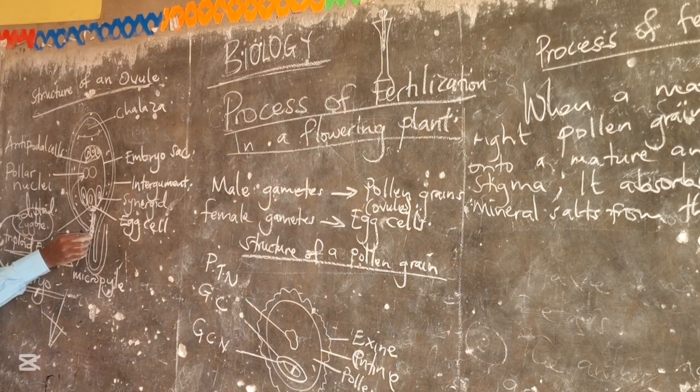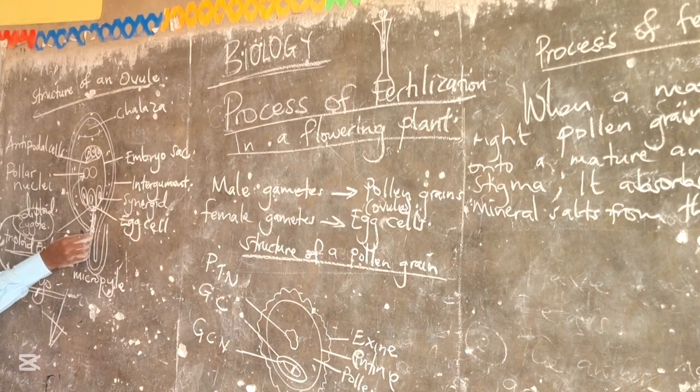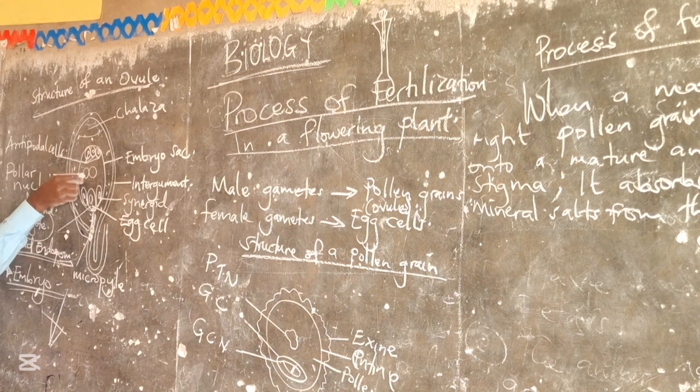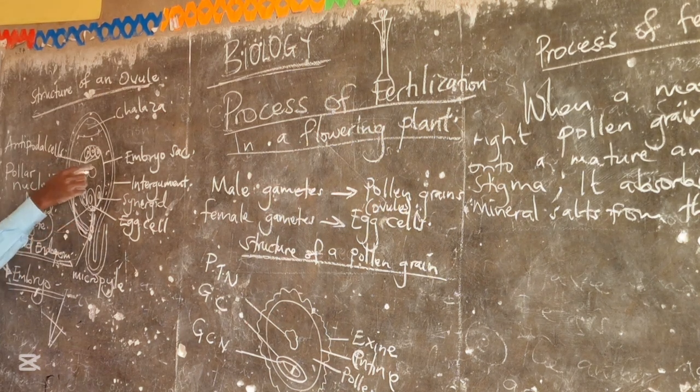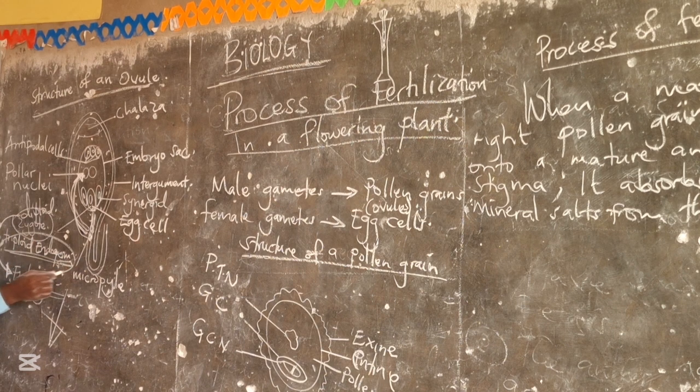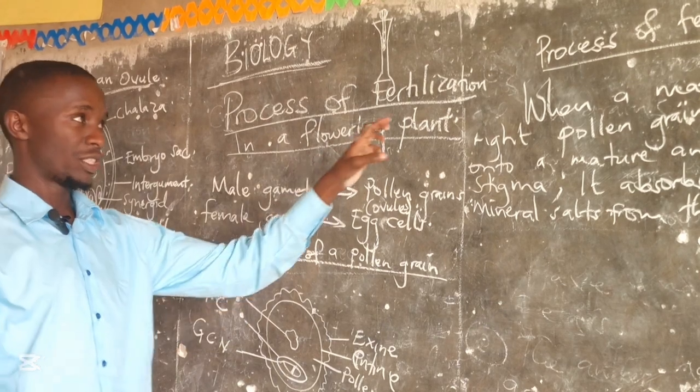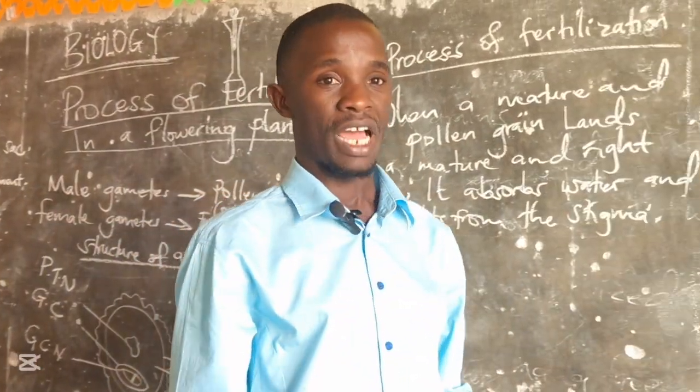And then the second male nucleus that was formed fuses with the polar nuclei in the middle of the embryo sac to form what we call the triploid endosperm, which develops into a secondary endosperm that stores food for the seed after fertilization. So that is simply the information we must know about the process of fertilization in a flowering plant.